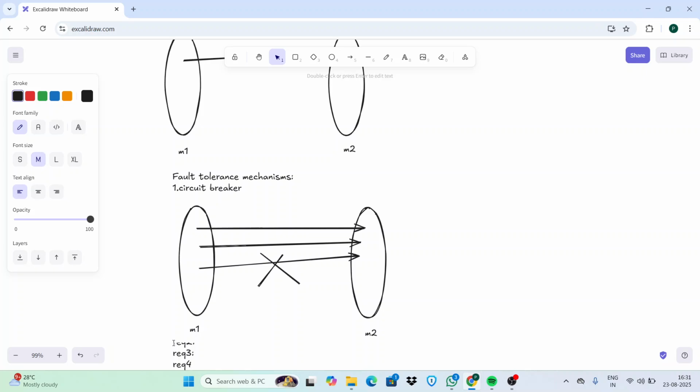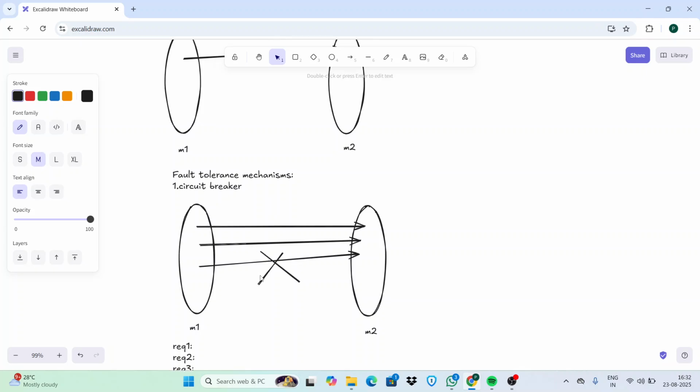So M1 should be designed in such a way that it takes it as a failure, since responses are not coming for 2 to 3 requests. That means it is a failure, and M1 should handle that failure smartly.